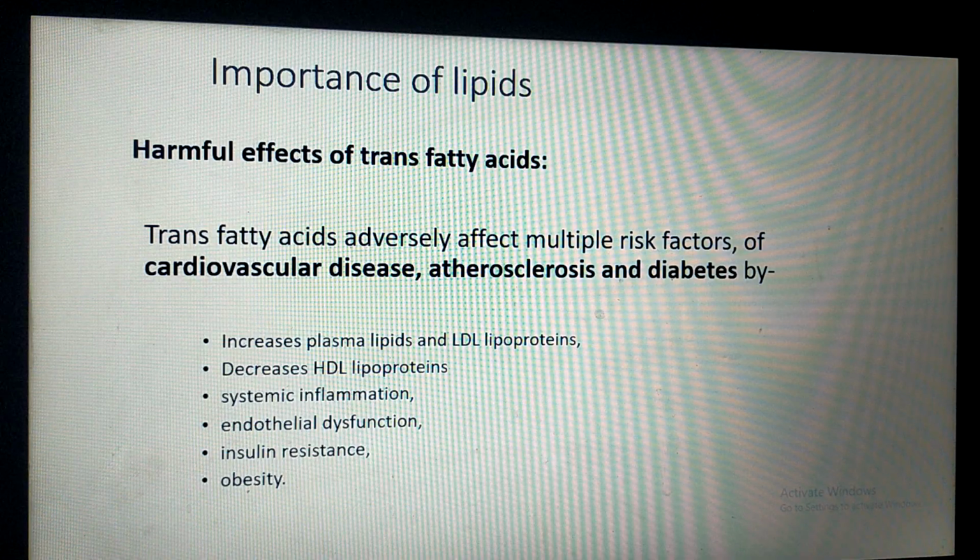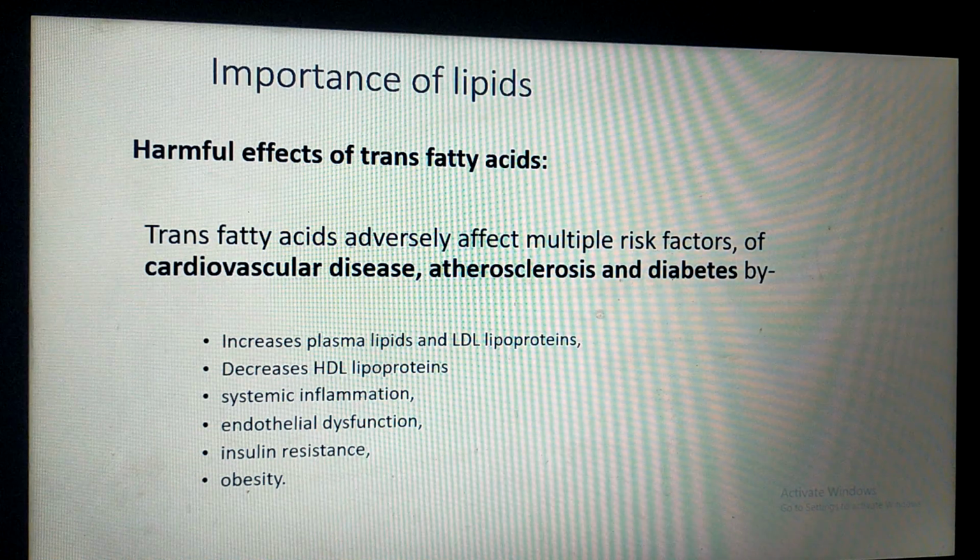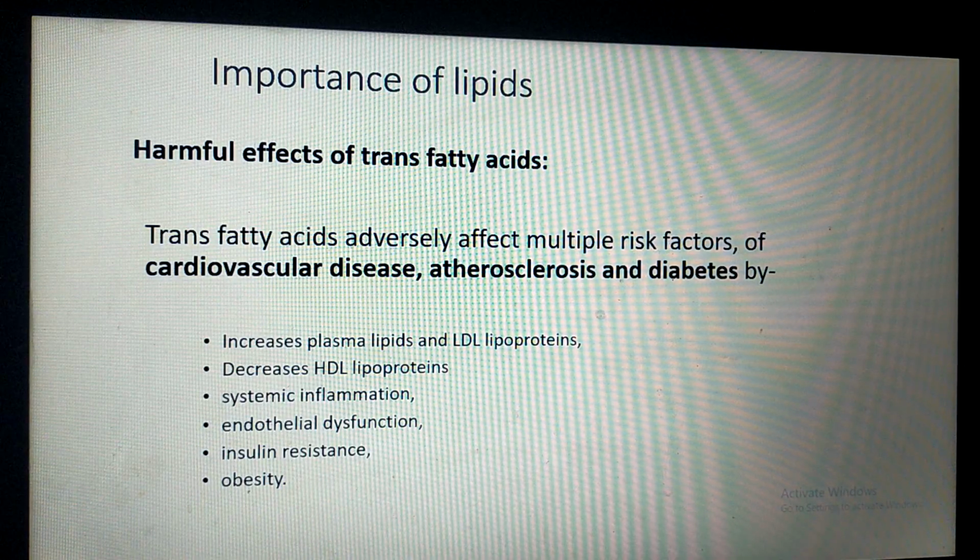Trans fatty acids lead to systemic inflammation, that is, swelling all over the body from inside. They lead to endothelial dysfunction. This endothelium is present on the capillaries, so when it is damaged, the formation of clots is early. Trans fatty acids also lead to insulin resistance and obesity.